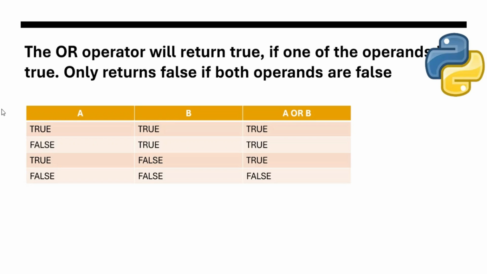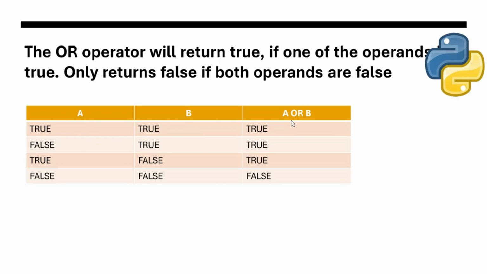We can look at this table. A value is true, B value is true. For A or B, the result is true, according to this statement. Then A is false, B is true.